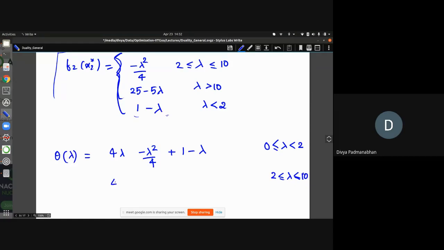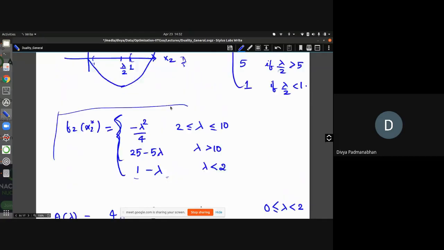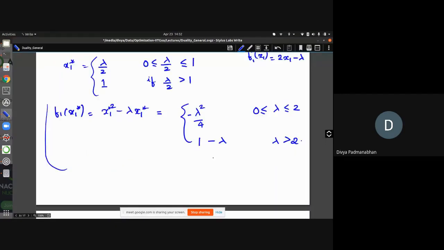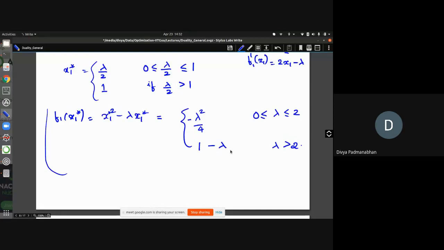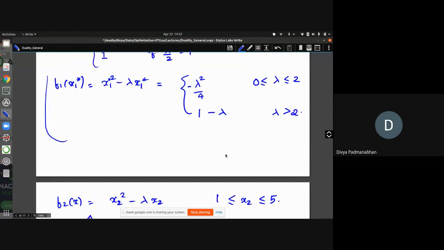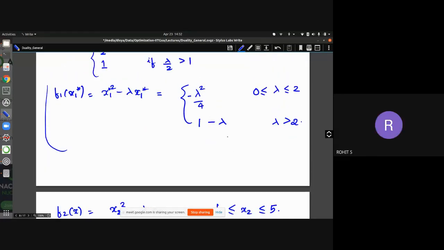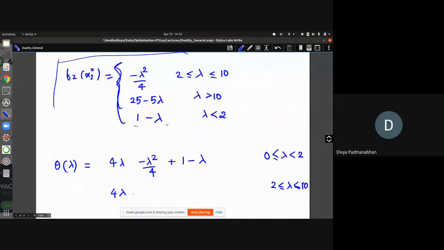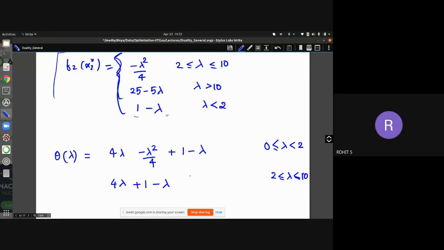So 4 lambda remains, and in terms of f1, you get 1 minus lambda. And f2 is going to be minus lambda square by 4. So in this range between 0 and 10, you get the same value.